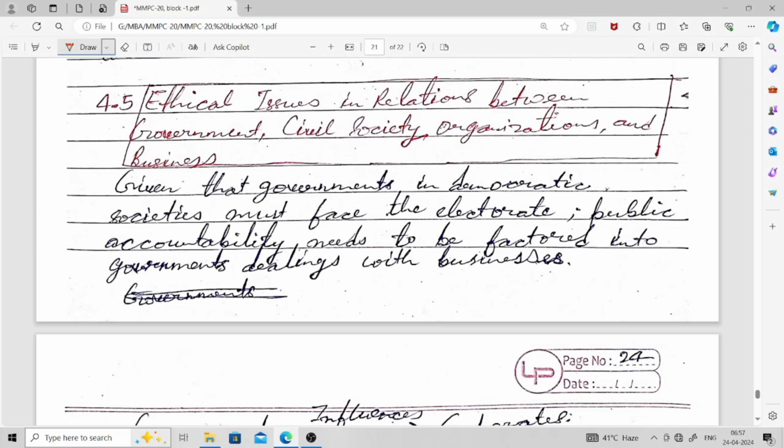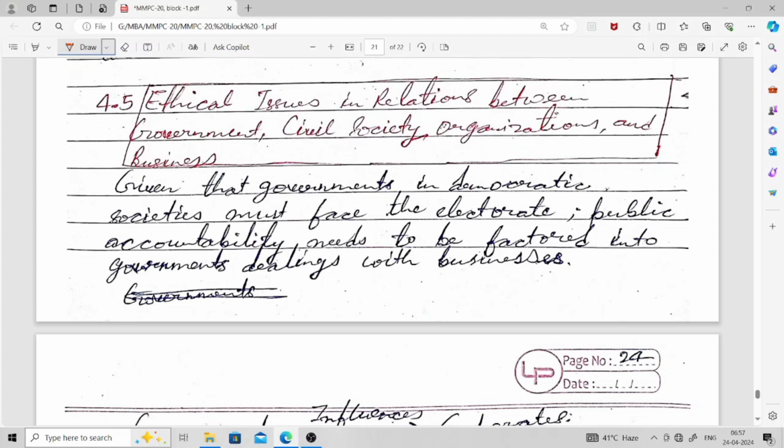Given that government in democratic societies must face the electorate, public accountability needs to be factored into government dealings with the business.